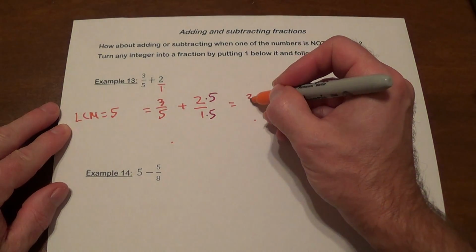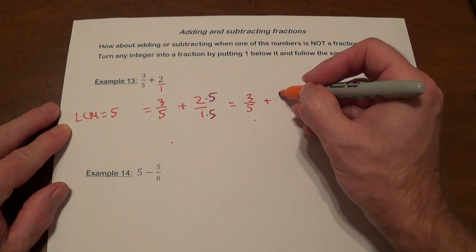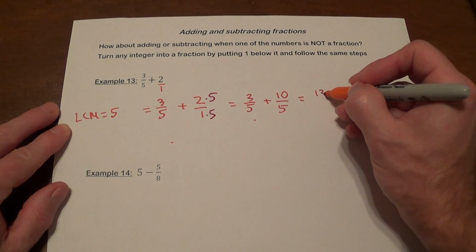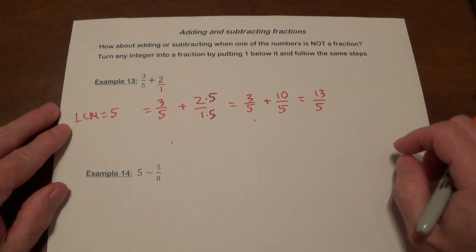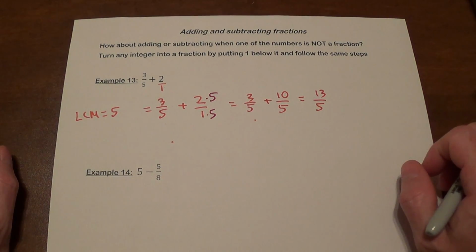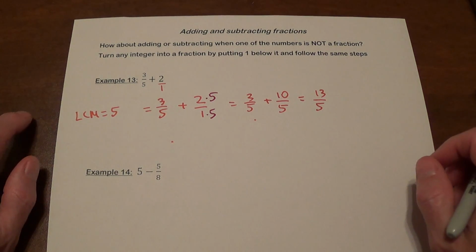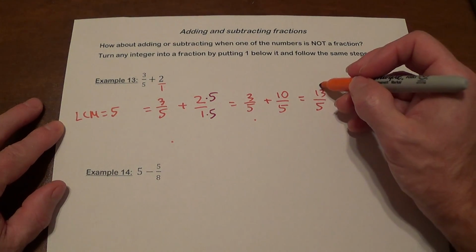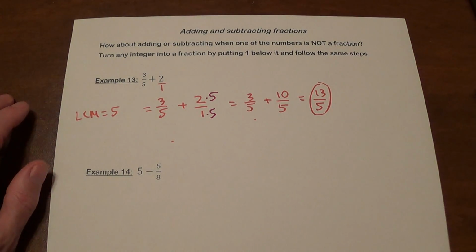And that's going to become 3/5 plus 10/5, and that's going to become 13/5. This is an improper fraction. Whether or not you need to write it as a mixed number or leave it in that form depends on what the problem you may be working on asks for. So I'm just going to leave it like that. It can also be converted into a mixed number if needed.